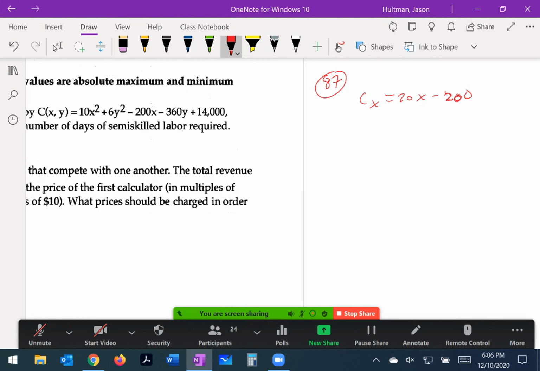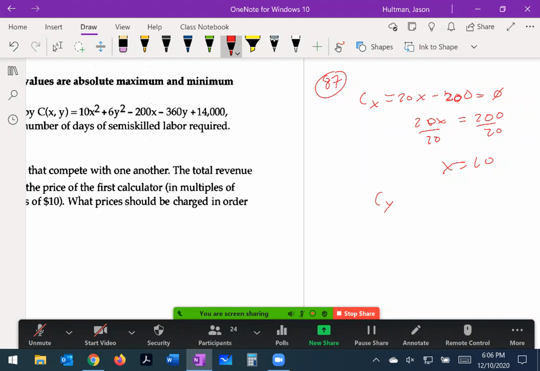Everything else goes away, is equal to 0. So I can solve this directly for X because there's no Y's in here. So 20X is equal to 200, divided by 20, and we get X is equal to 10.